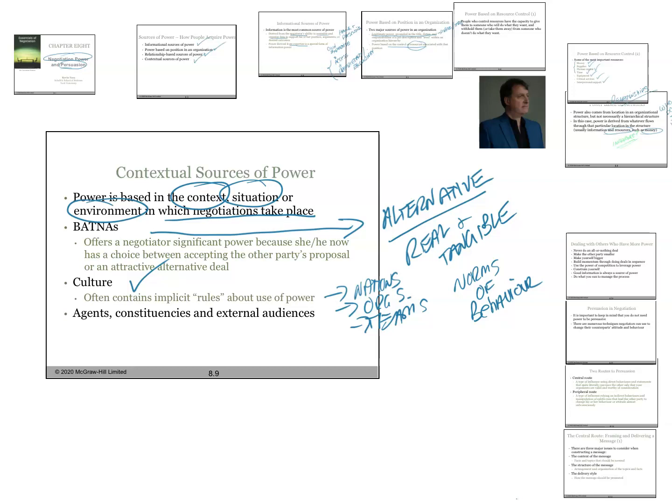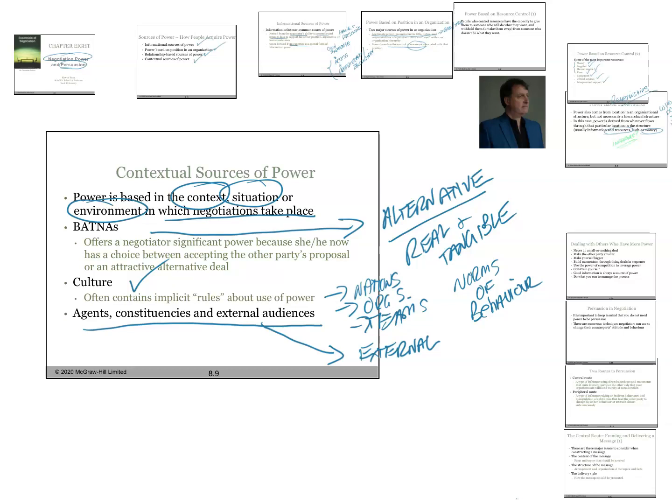The last part here is about agents, constituencies, and external audiences. This is about possibly employing or working with external forces that might help influence a negotiation. Kind of an informal network that you might be able to tap into or employ even to help move a negotiation along.